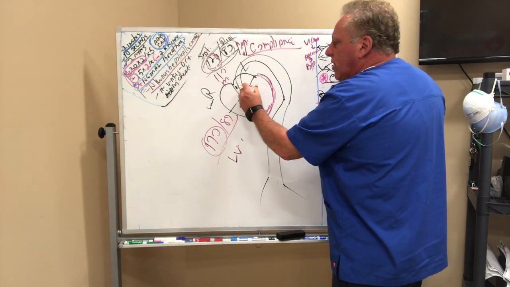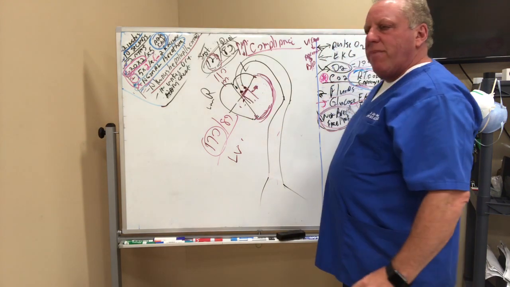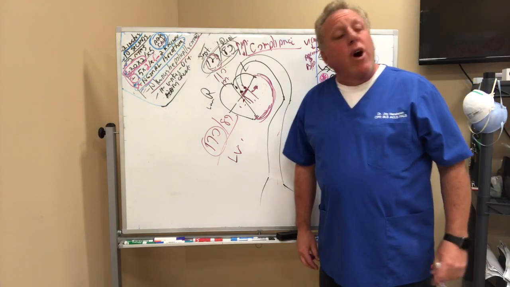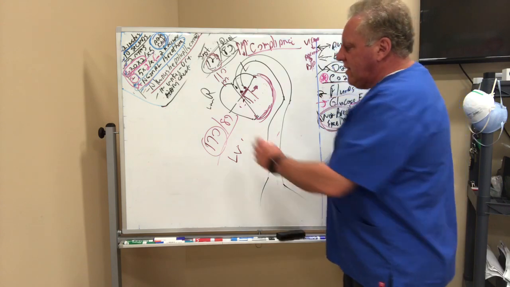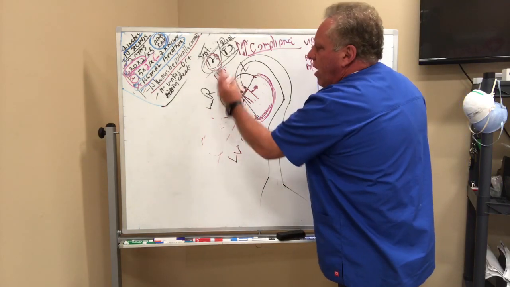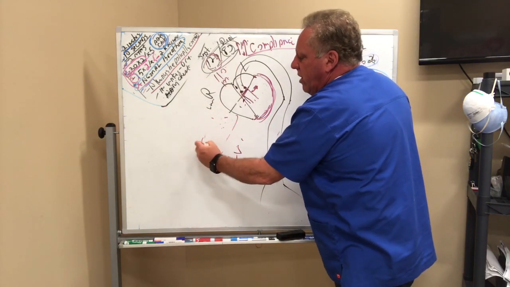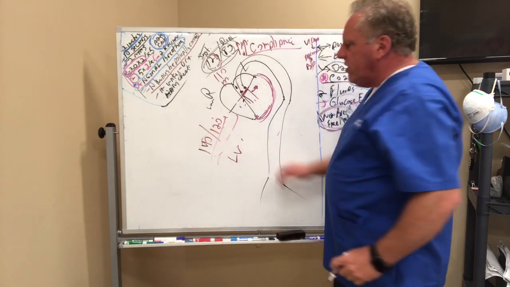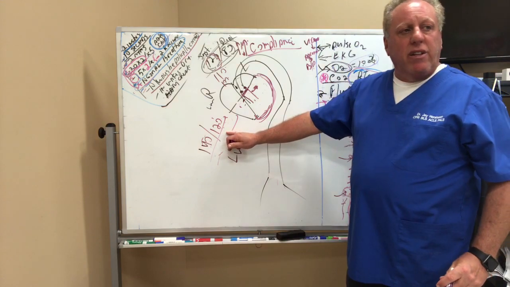There are two little holes behind that valve, and these are for the coronary sinuses, the coronary arteries. And let's say the number is not 80 anymore, say it's 140 over 120. Now this is a very bad diastolic number.